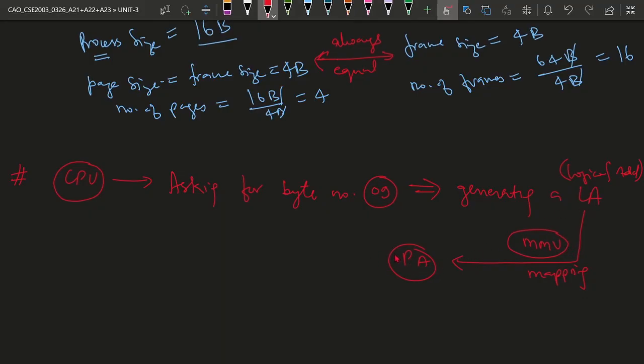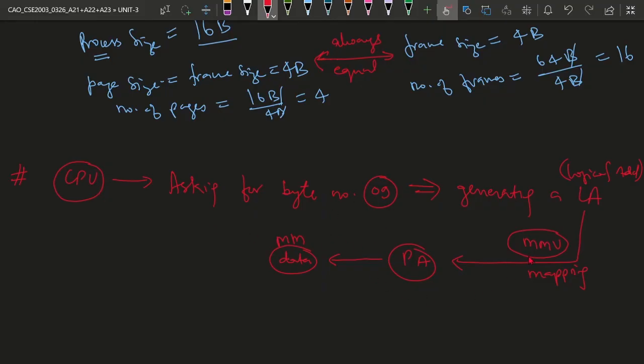With respect to this physical address mapping, it will be getting the data. So from this physical address, it will basically go to the main memory, and from there the data will be copied and then taken back to the processor. So this is how it is basically done.